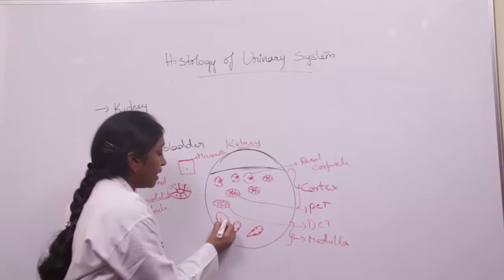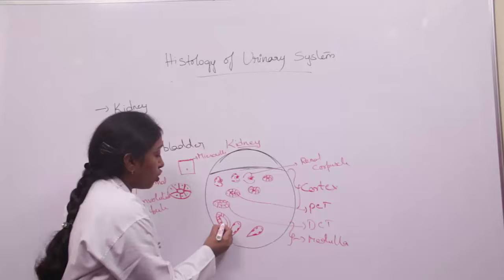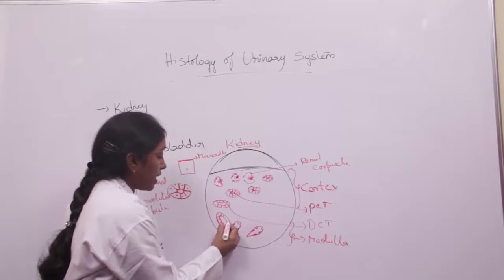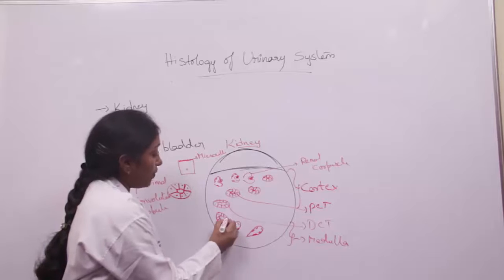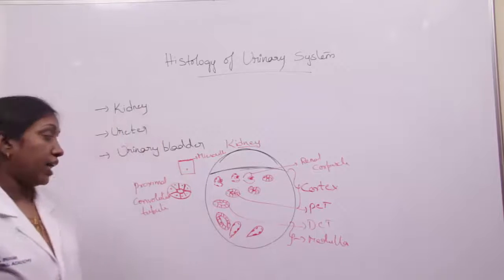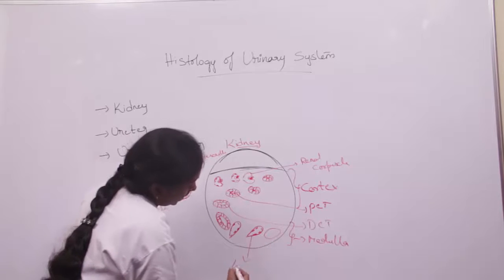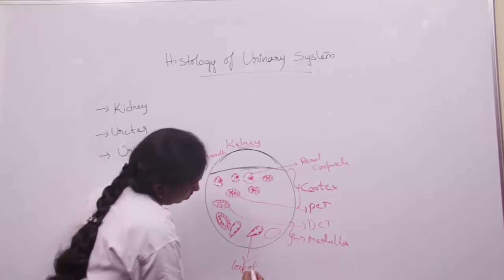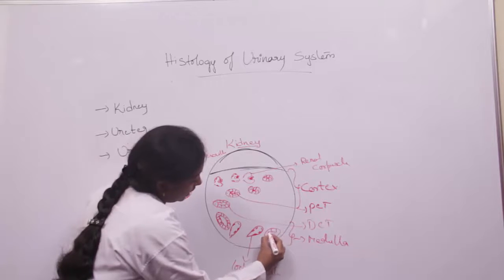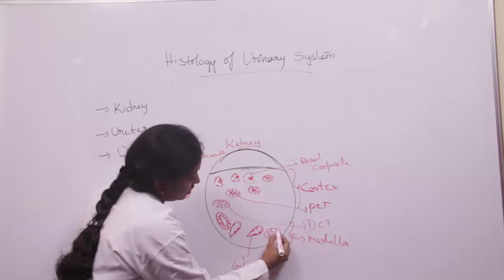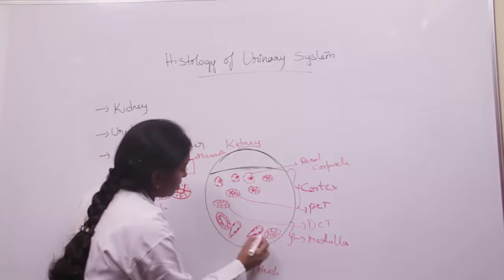Collecting ducts have a large lumen and they are lined by cuboidal or columnar epithelium. The collecting ducts have a large lumen when compared to the proximal convoluted tubule and distal convoluted tubule. So in the medulla you will be able to see the loop of Henle, and also collecting ducts, which are very big.